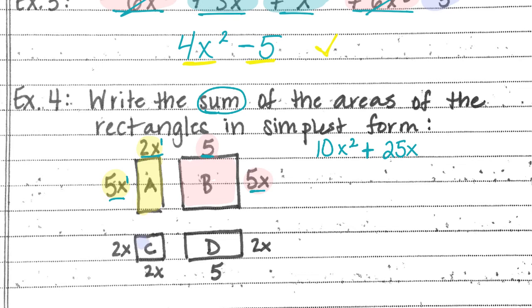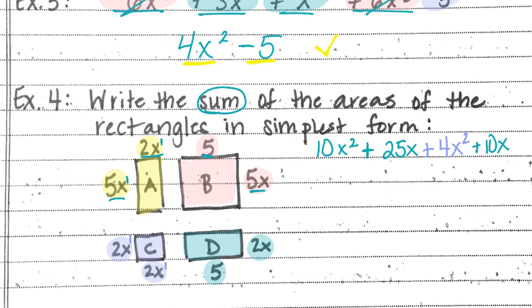Moving on to the next one, C. I have to multiply 2x and 2x. We're finding the sum. When I multiply 2x and 2x, I get 4x squared because this is 1x and 1x. And then my last one, to find D, I'm going to multiply 5 by 2x, and I get 10x.